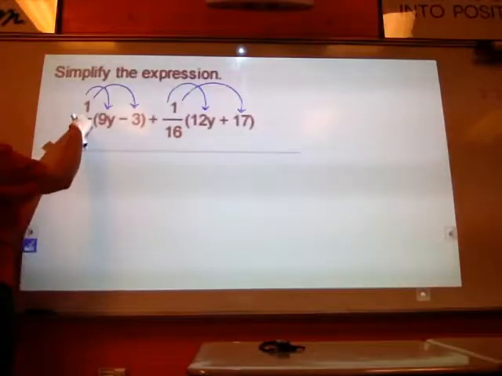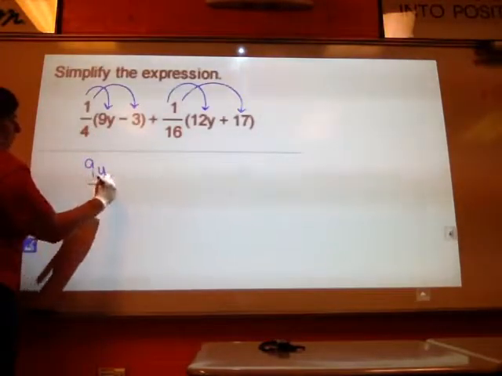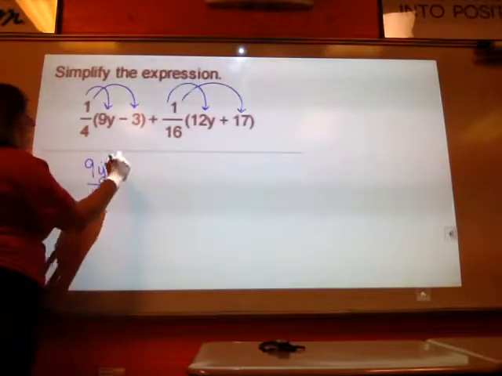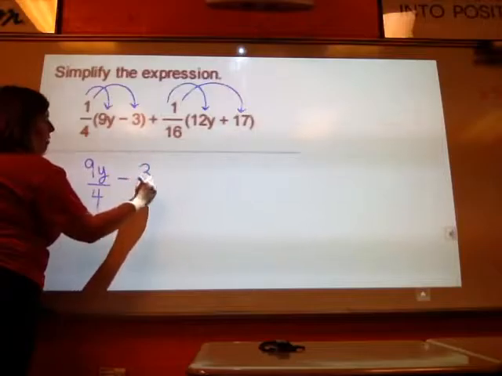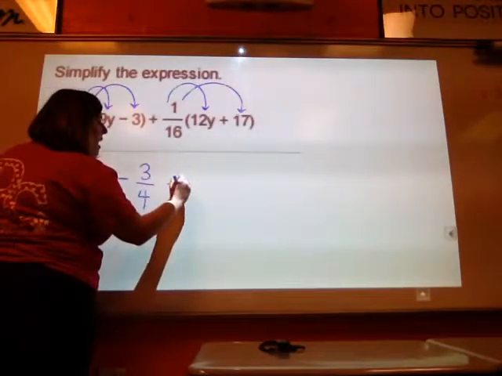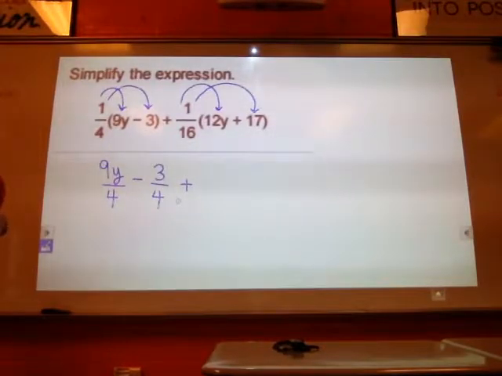I'm going to do 1/4 times 9y, which is 9y over 4. And then I'm going to do minus 3/4, because 1/4 times 3 is 3/4. Plus, now I'm going to do 1/16 times 12, which would get me 12 over 16, but then I have to simplify 12 over 16.